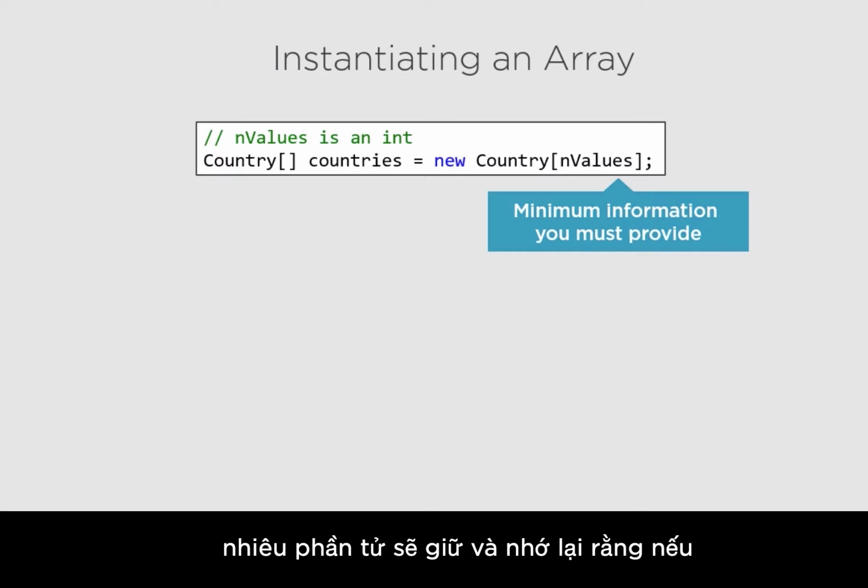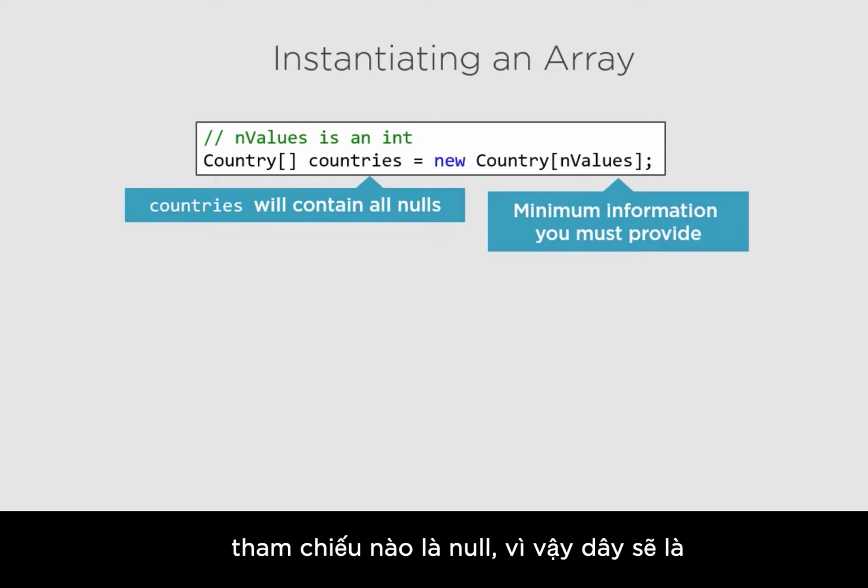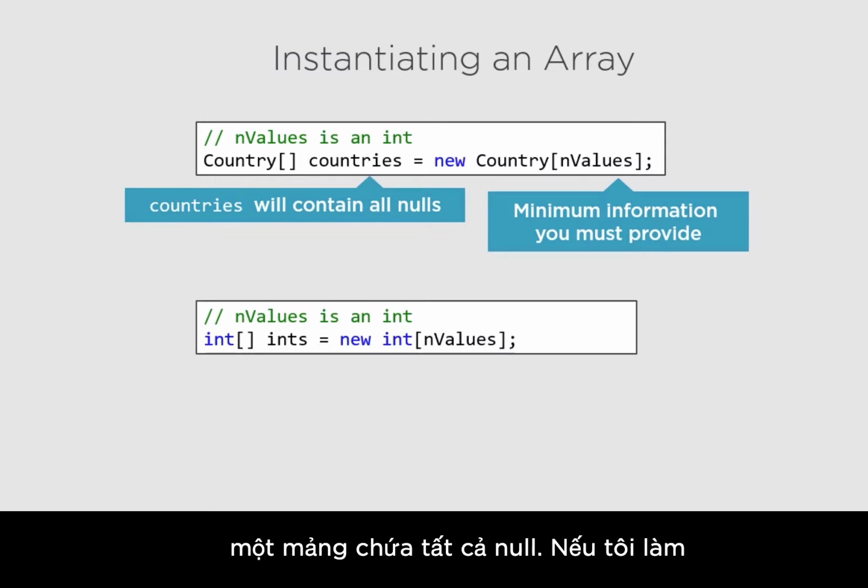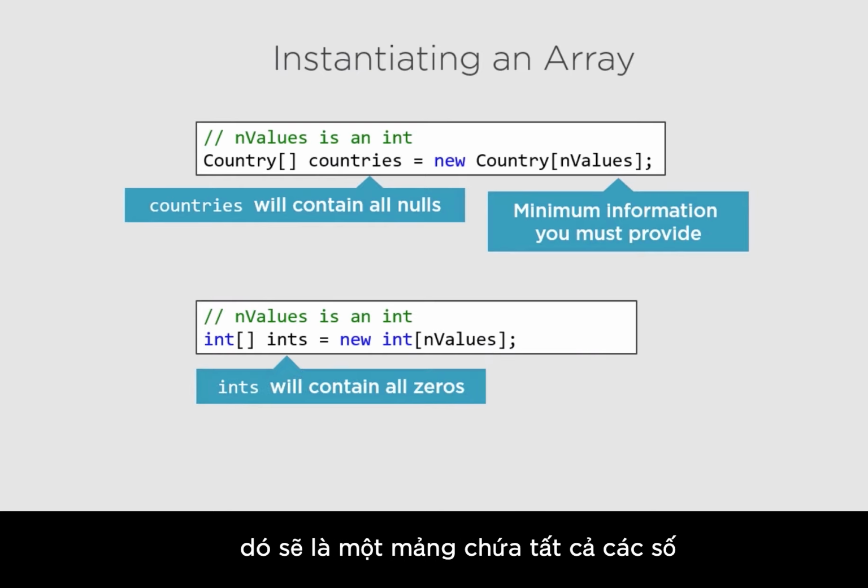And recall that if you specify only the size, then all the elements of the array will start out at their default value. Country is a reference type, and the default value of any reference type is null. So this will be an array containing all nulls. If I did the same thing for an array of integers, it would be an array containing all zeros, because 0 is the default value for an integer.